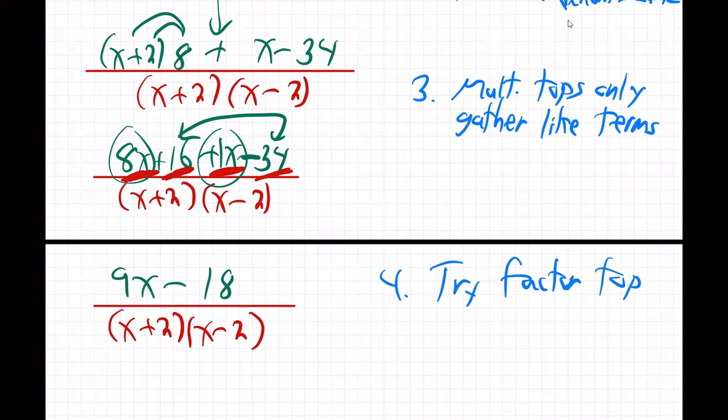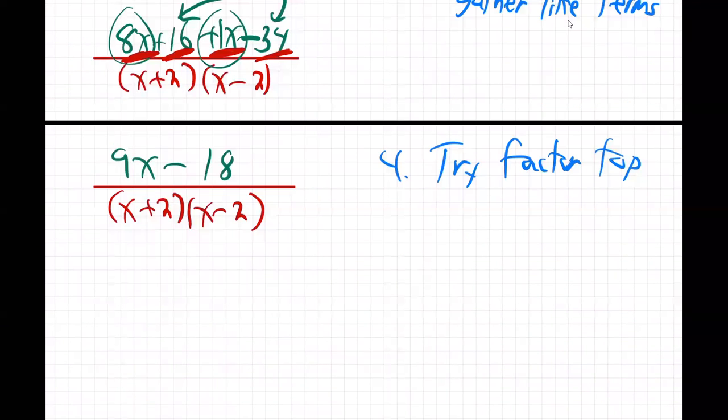Like if this was a 17 instead of 18, then you couldn't factor the top. But when it's 18, we go, oh, yeah, you actually can factor that. You can take out a 9, and it leaves x minus 2.